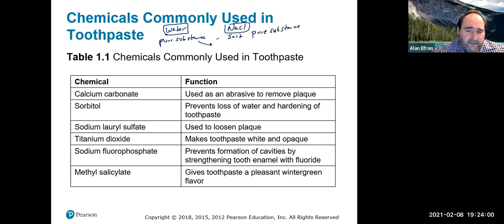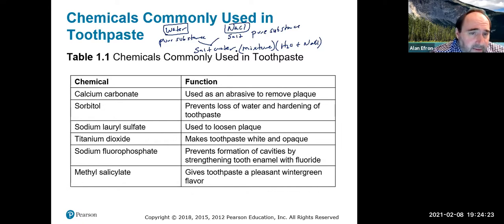Now, if you mix those two together, you basically get salt water, right? And that is what is referred to as a mixture. It's a mixture of two substances, water and salt, basically sodium chloride. A mixture is a combination of two or more pure substances.